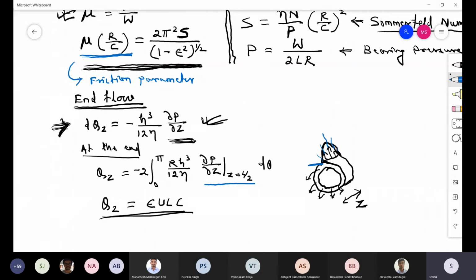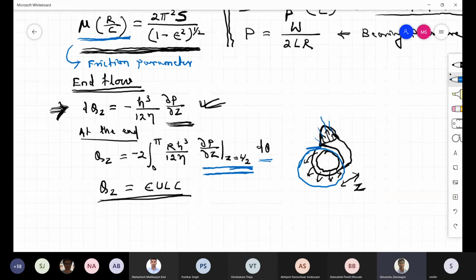So that will give you del P upon del Z at L by 2. Whatever expression you get, you put it here, and then integrate with respect to theta throughout the circumference. Clear? Okay.